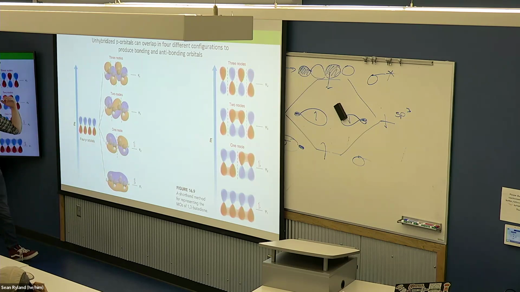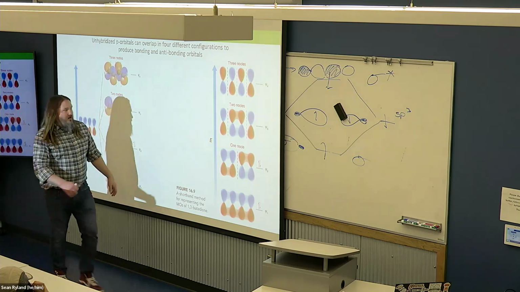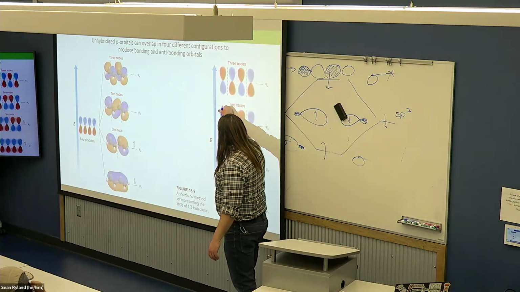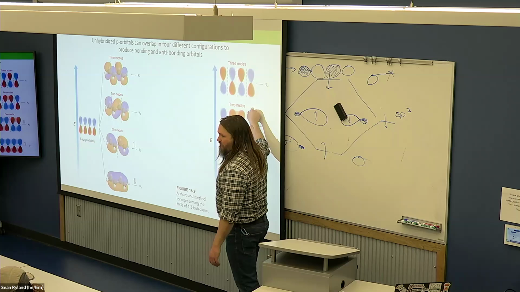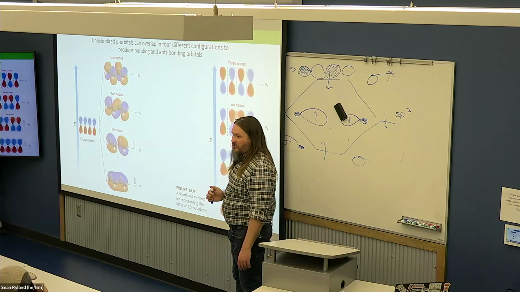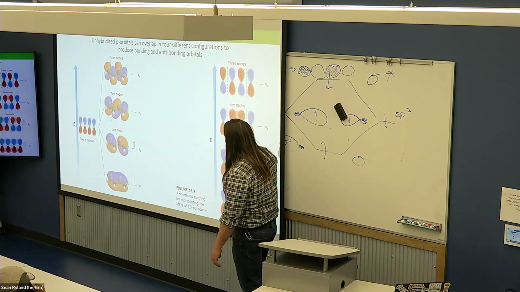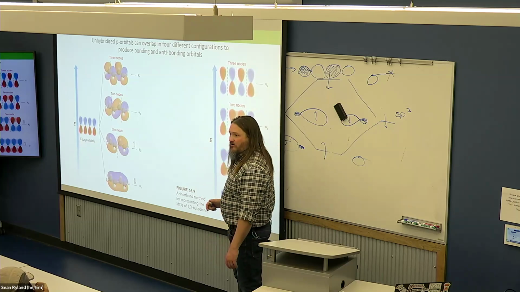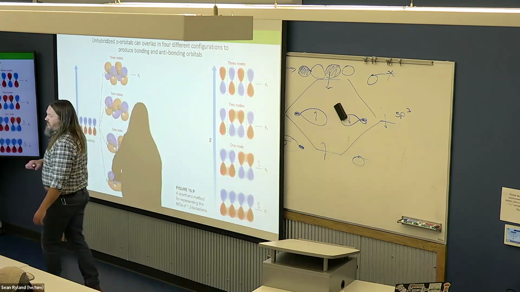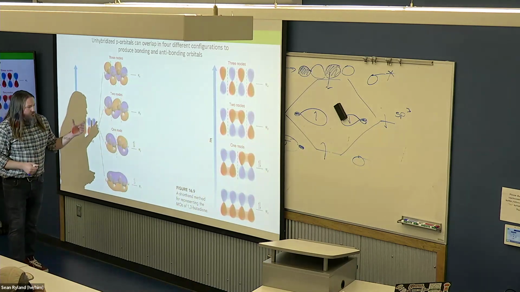But then you could also have 2 nodes in there. So blue top, blue bottom, blue top. Adding 2 nodes is going to be higher in energy. And it's not quite linear, but it's close to linear as far as how these energies scale. They're pretty equidistant from each other.